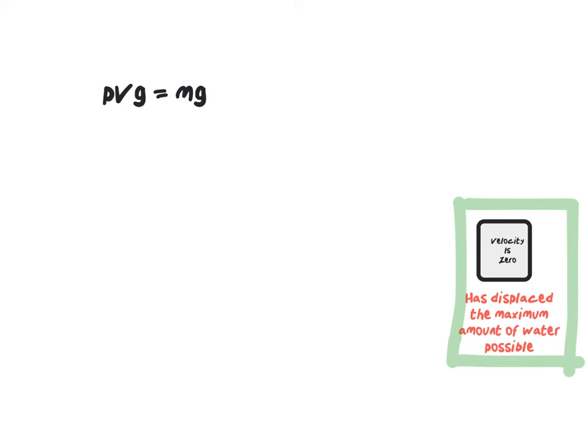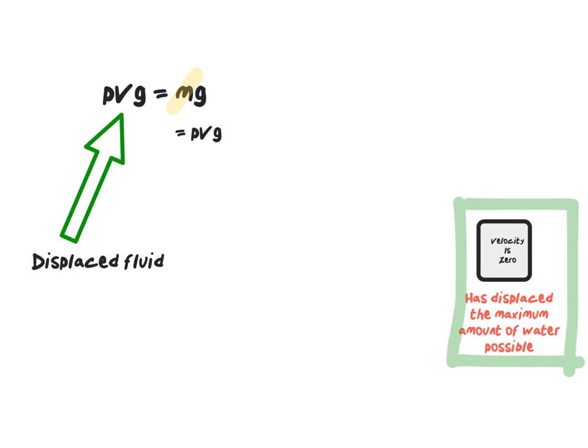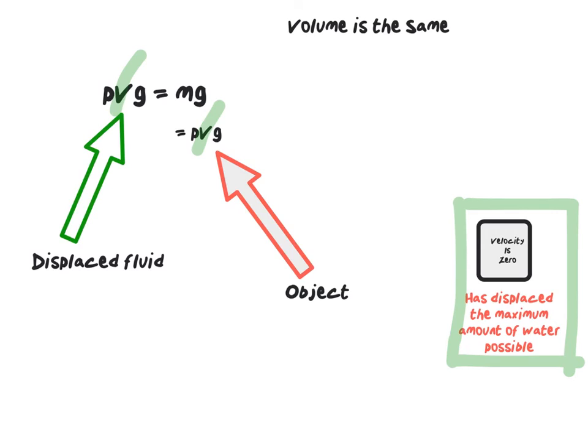Rho Vg on the left represents the fluid that's been displaced. I'm going to expand the m here to be rho Vg for the object. Now the volume of the object and the volume of displaced water are the same when the object is fully submerged. But of course, these densities are not necessarily the same, but they can be.